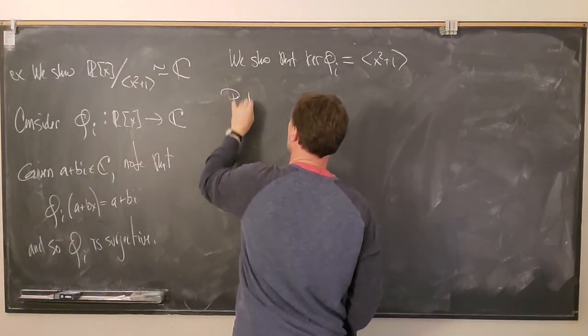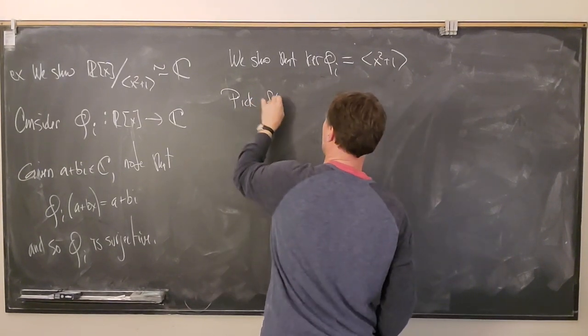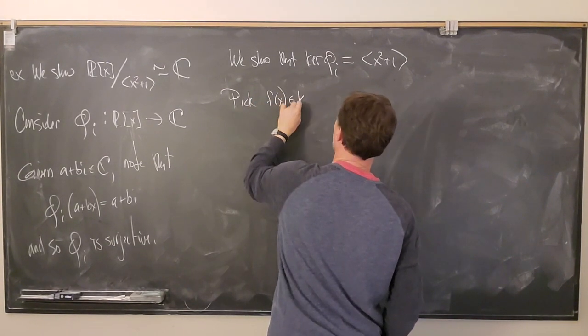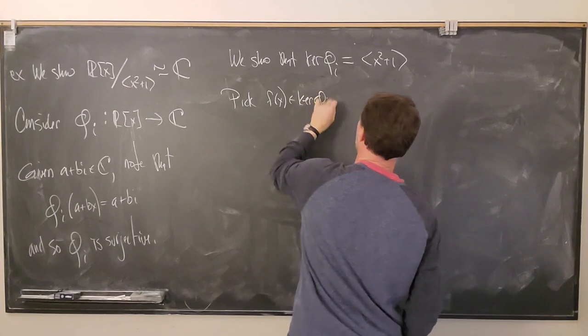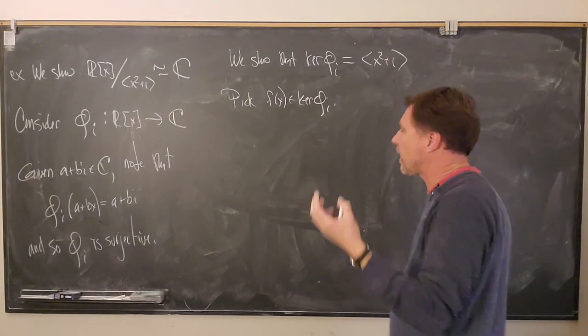So let's pick some polynomial f(x) in the kernel of φ_i. Now I'm going to run the division algorithm on that.